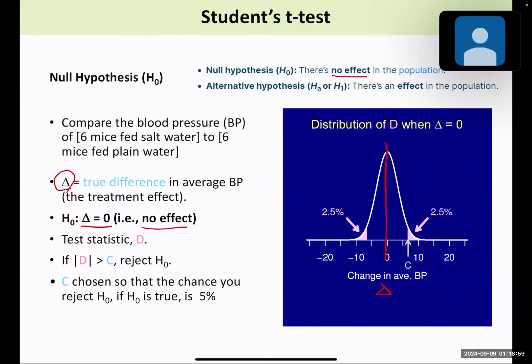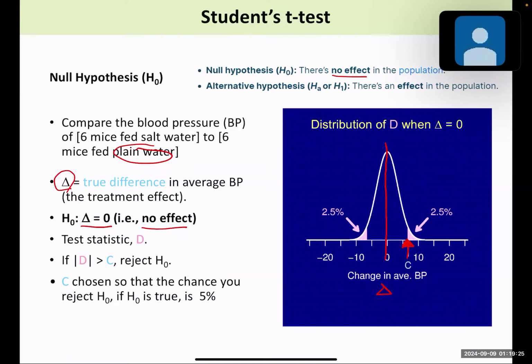And then, let's assume that this white line is the population of the mice fed with plain water, right? But when you perform experiments and measure the blood pressure of mice fed with salt water, let's assume that the observed value is here.